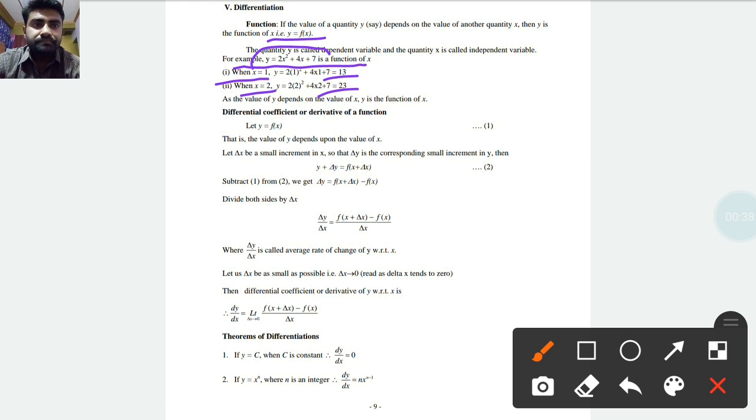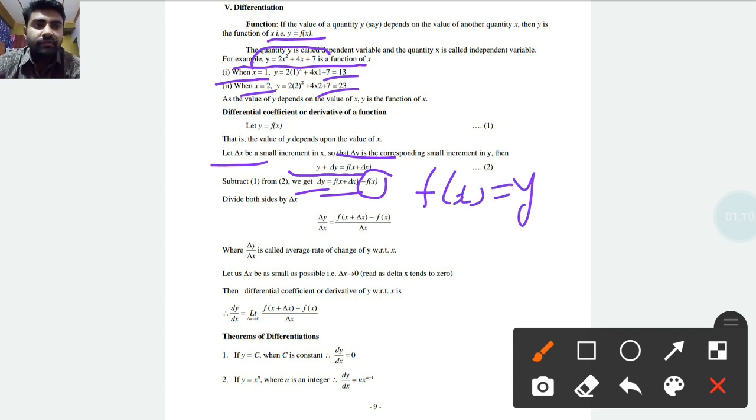Now see, if there is a small increment in x value, there will be a small increment in y as well, because both are correlated. So y plus delta y is equal to f of x plus delta x. So delta y is f of x plus delta x minus f of x, because f of x is equal to y.